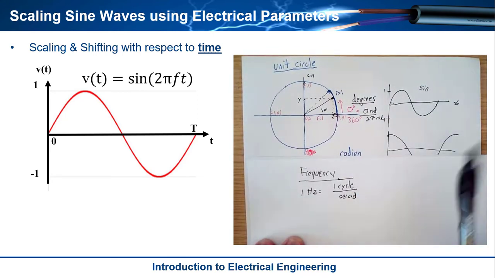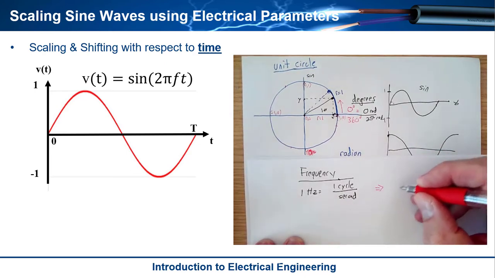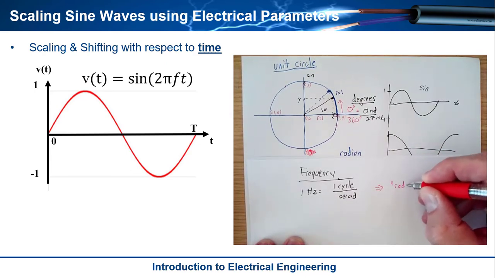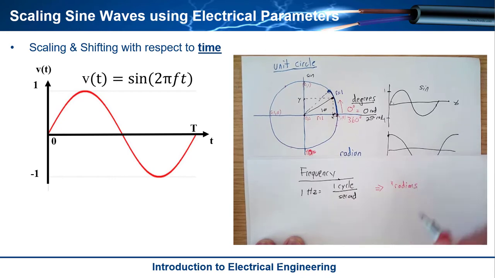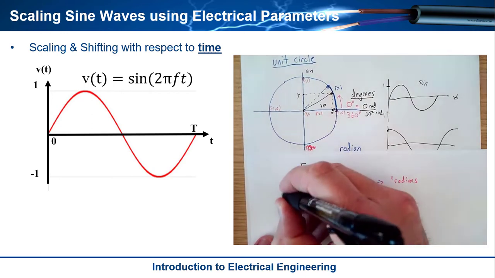And that's good. But at the same time, we're talking about this other thing, which is called radians. And we're like, well, what if we need to describe frequency in something that uses radians? Well, you can convert back and forth between the two by remembering a couple things. So this one over here is f.